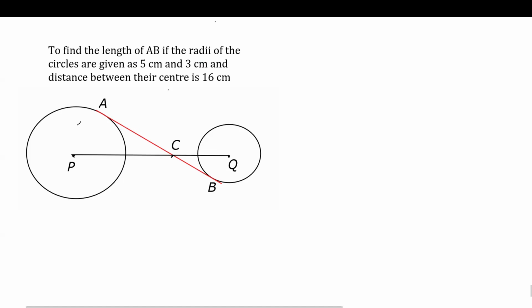The first thing that we will do here is to join the radius with the point of contact. This is the first one, and this being the other over here. And we know the measurements of this. This is going to be 5 centimeter and this is 3 centimeter. Now we are also given the length of PQ over here, so I should write over here, we know the length of PQ as 16 centimeter.